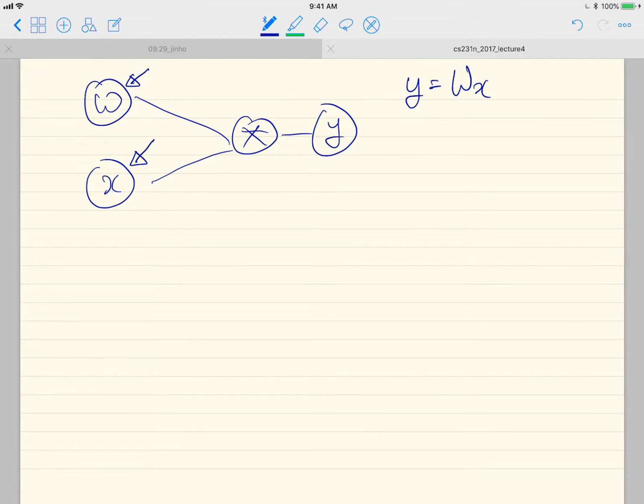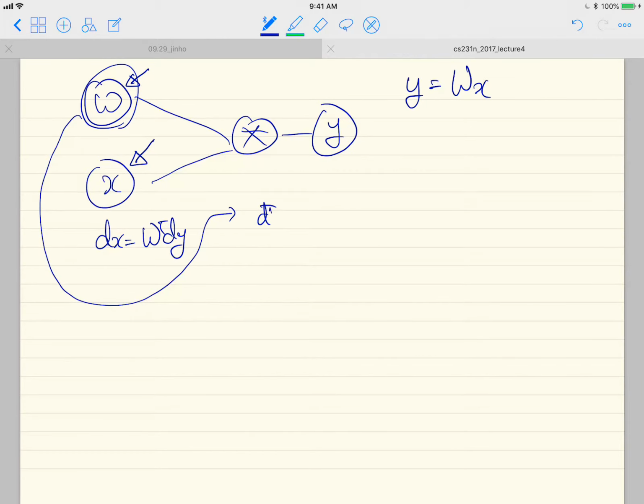We understood this part of dx being equal to w transpose dy, but let's derive the part for df over dw.